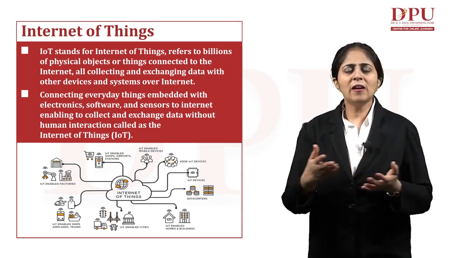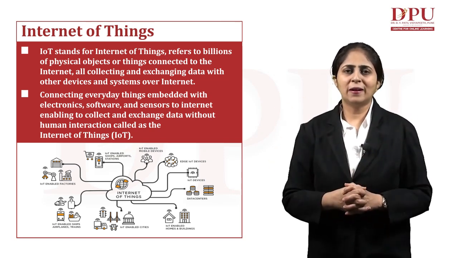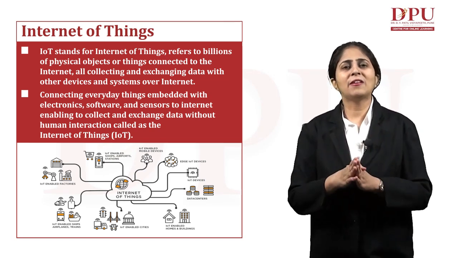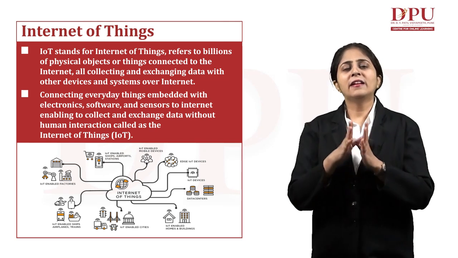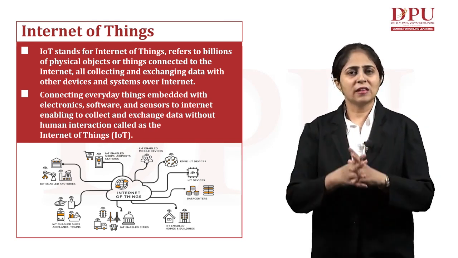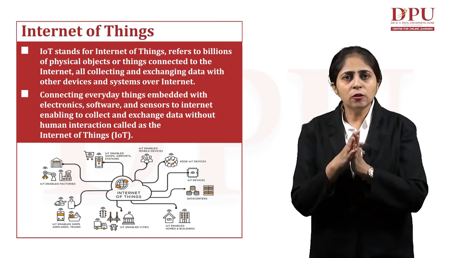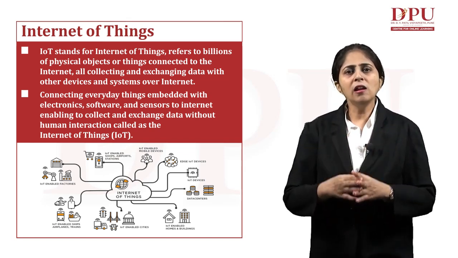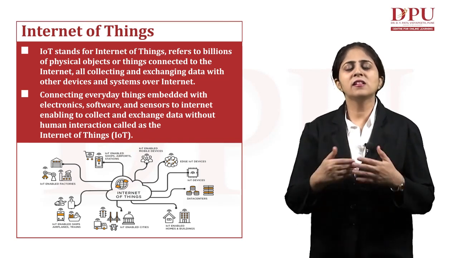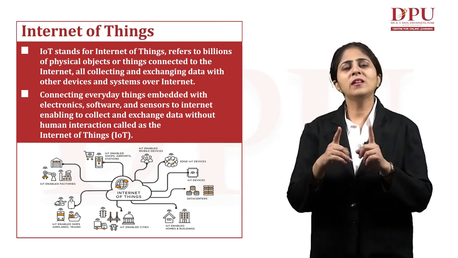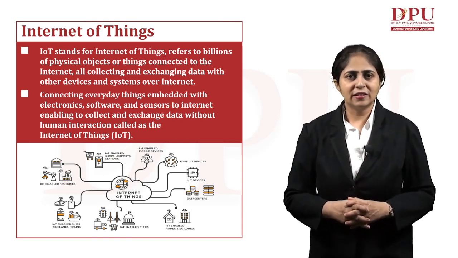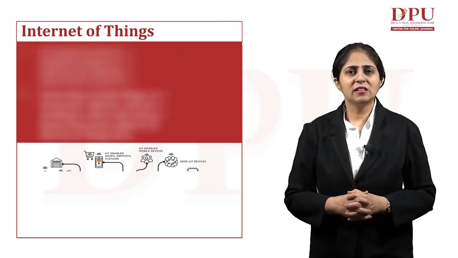So we are everywhere surrounded by this Internet of Things. Once again, let me define what this IoT is. It refers to billions of physical objects or things which are connected to the internet, all collecting and exchanging data with other devices and other systems over the internet. So this is IoT that we are going to discuss in this unit.